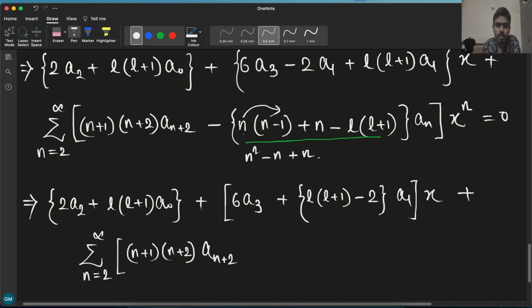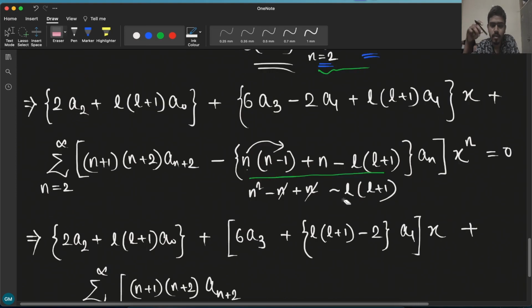So it is n square minus n plus n, and this is minus L plus 1, right? So then this n cancels. I made a mistake, sorry for that.